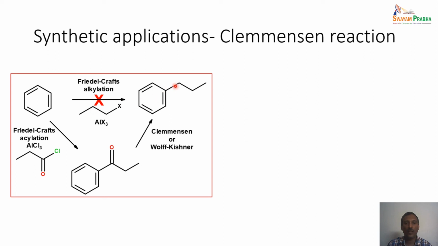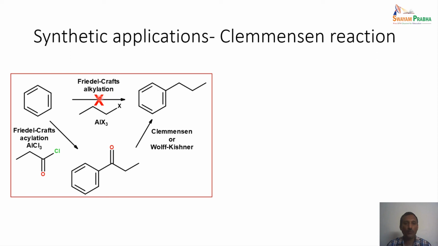So getting a linear alkyl aryl derivative is very difficult in direct Friedel-Crafts alkylation. Moreover, whenever we introduce an alkyl group, this activates the aromatic ring, so instead of mono substitution we always end up with polysubstituted derivatives. So it is not possible to selectively monoalkylate aromatic systems using Friedel-Crafts alkylation.